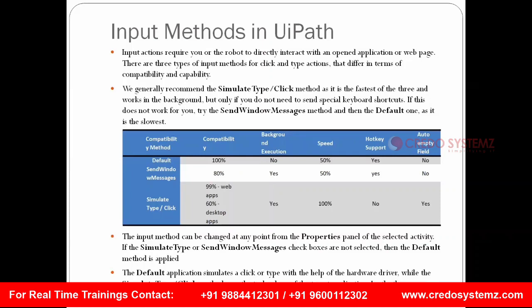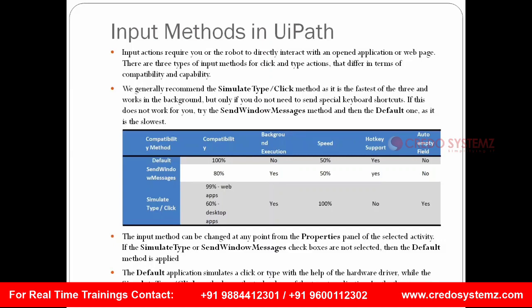The default is the option that will be enabled for a type into or click action in the property window. If you don't want default, you choose send window messages equal to true. Or if you require neither, choose simulate type or click equal to true. You do that in the properties of the activity, either the type into or the click action.